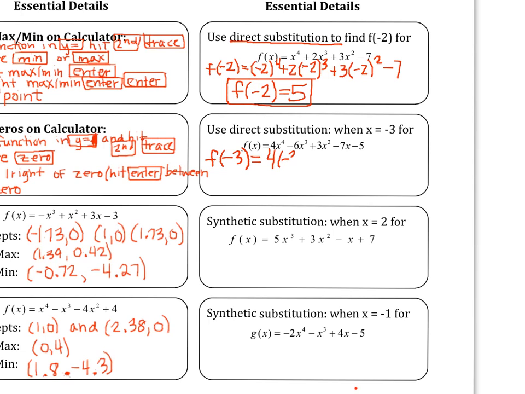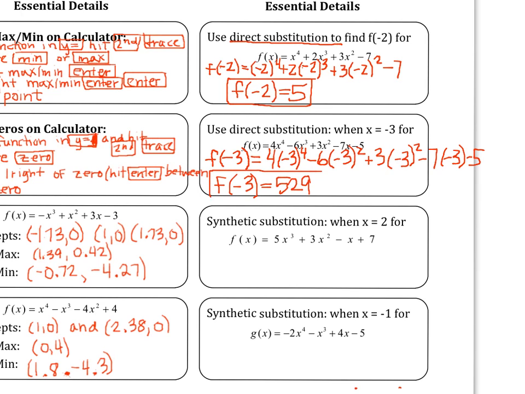And plug negative 3 in again with parentheses to the 4th power. Minus 6 times negative 3 to the 2nd power. Plus 3 times negative 3 squared. Minus 7 times negative 3 minus 5. And if you put that all into your calculator, you'll get f of negative 3 equals 529.